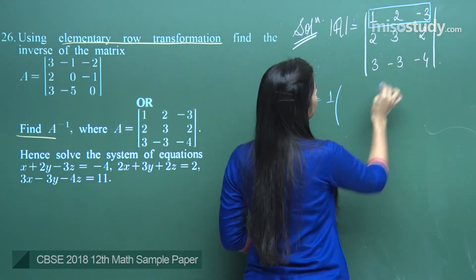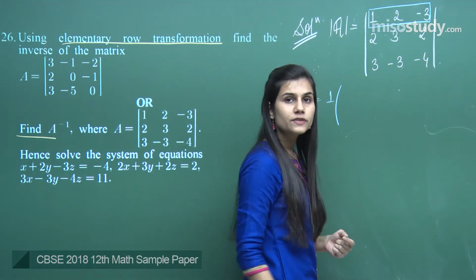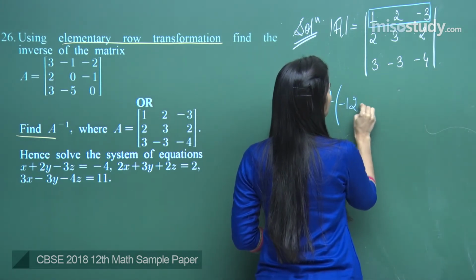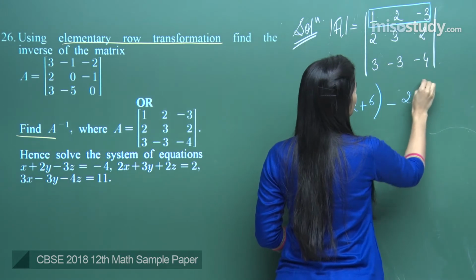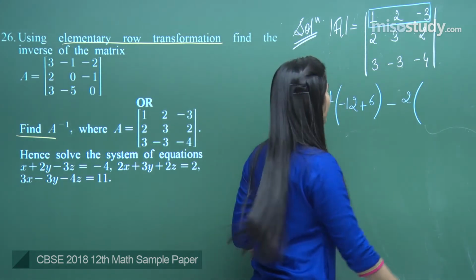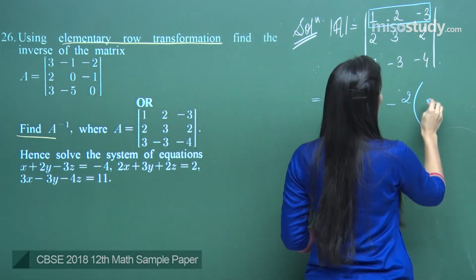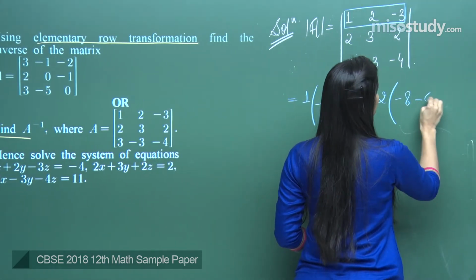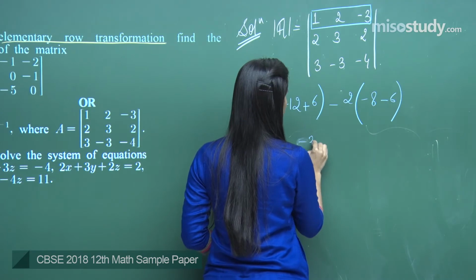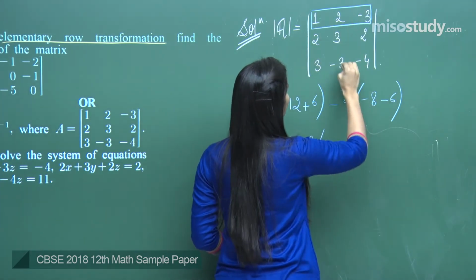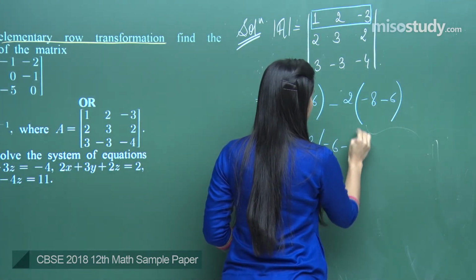You're going to get 1. 3 into minus 4 gives you minus 12. Minus 6. Okay? Then you have a minus 2, you get minus 8, minus 6. Plus you have a minus 3, so let me write minus 3. Then you have a minus 6, minus 9.